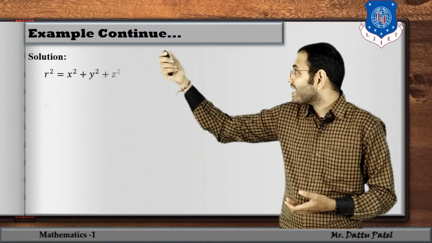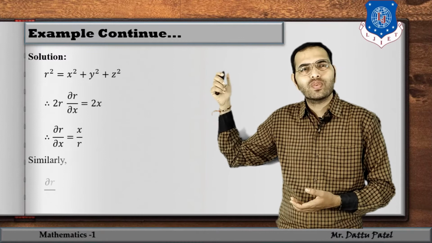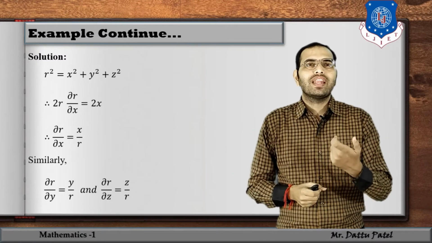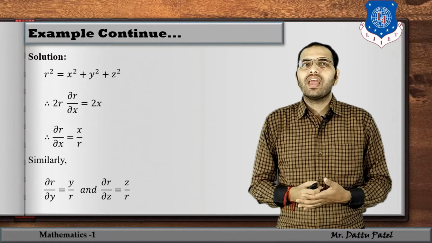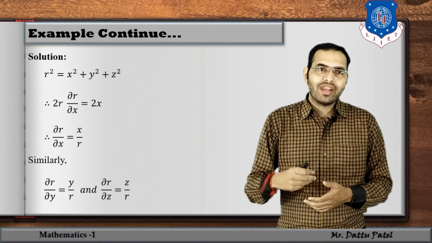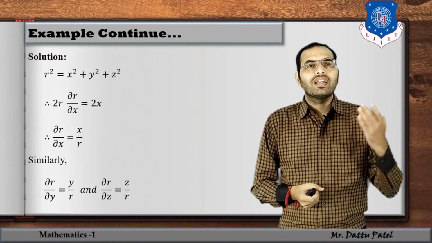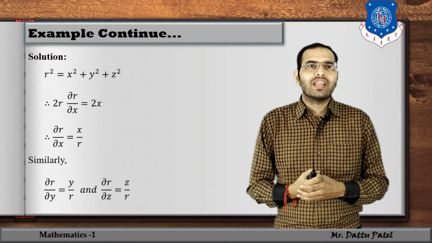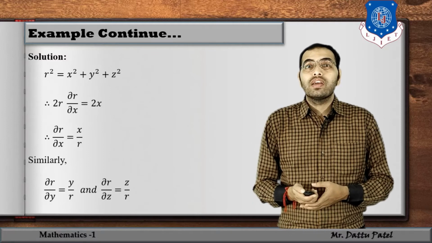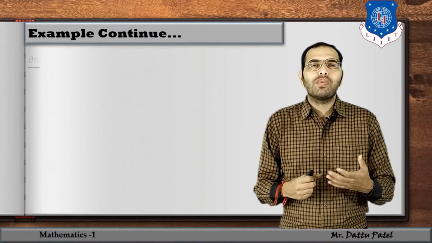The equation is r² = x² + y² + z². Differentiating with respect to x, 2r ∂r/∂x = 2x, so same as the above example, ∂r/∂x = x/r. Similarly we can find ∂r/∂y and ∂r/∂z, that is y/r and z/r.